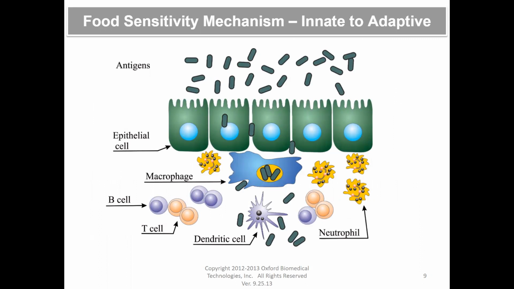So the food sensitivity mechanism, innate to adaptive. If you can grasp this image here, let's pretend you can see this as the epithelial lining of the gut.